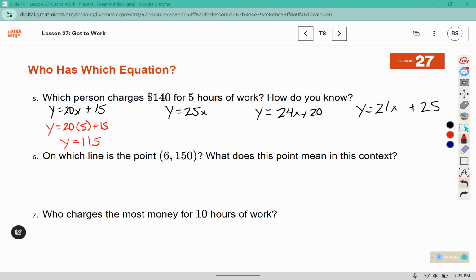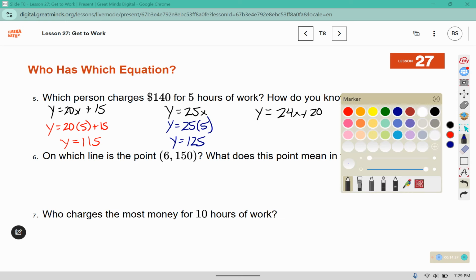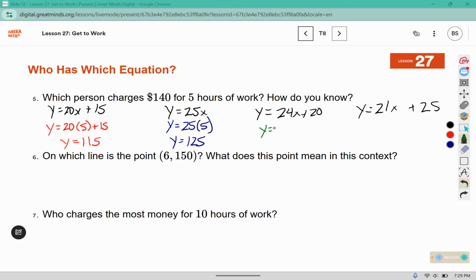So we know that it's not the first person, Mr. Adams. 25 times 5 is 125, so it's not Mrs. Banks. $24 times 5 is 120, plus 20 would be 140. So it is the third person, which is Mrs. Kondo.